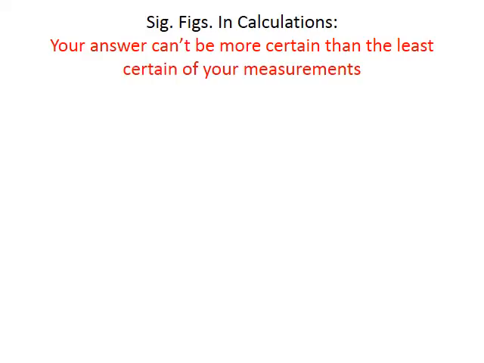Another way of saying this is that when you do a calculation with a measurement, your answer can't show greater certainty than the least certain of your measurements. You usually have to round your answer to an appropriate number of digits, and the appropriate number of digits depends on what type of mathematical operation you do in the calculation. There are 2 rules, one for addition and subtraction, and one for multiplication and division calculations.